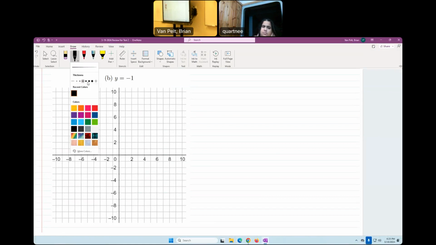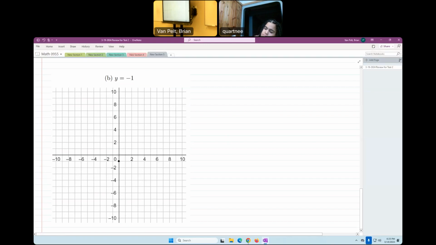Put my first dot down here. This is the y-intercept, -1, so I can put a dot here. And since it's a horizontal line, the rest is easy.